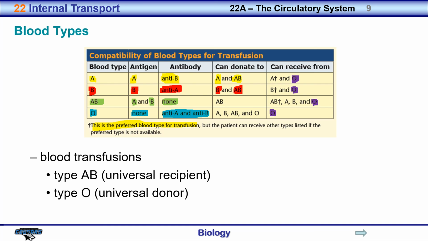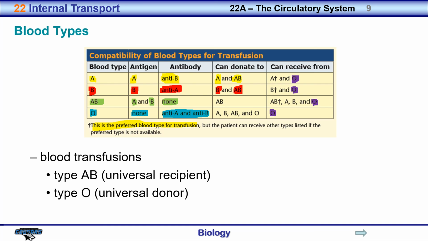And so with the first transfusion, probably nothing is going to happen. But these antibodies do remain in the blood plasma. Now, if later that same mistake happened again, if a second transfusion of Rh positive blood is administered, then the anti-Rh antibodies are going to react with the Rh antigens in the donor's blood, and we're going to have clumping of blood cells, agglutination, which would be a bad thing.